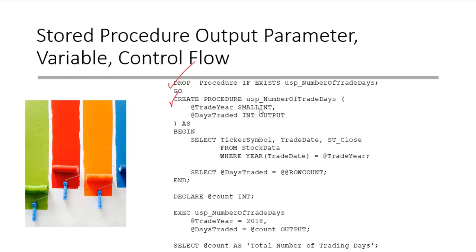One is an input parameter, and that's going to be @tradeYear, type small int, and @daysTraded will be an integer, but it will be an output.